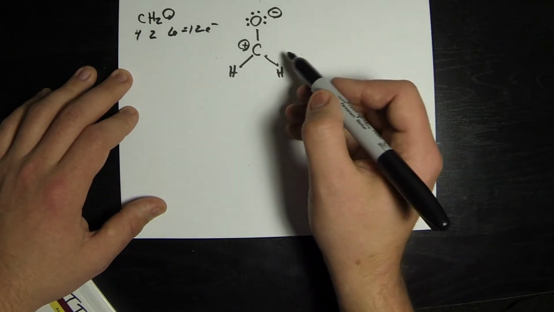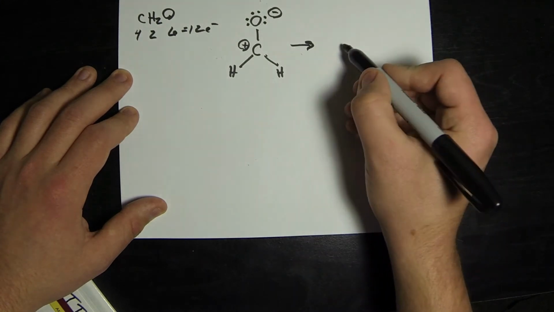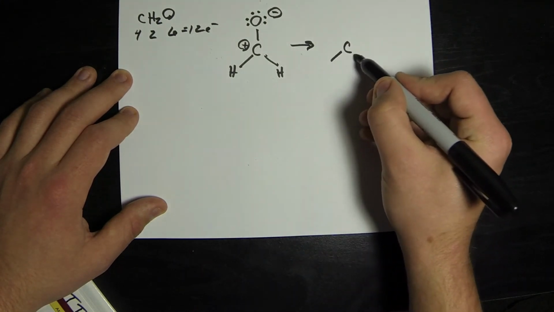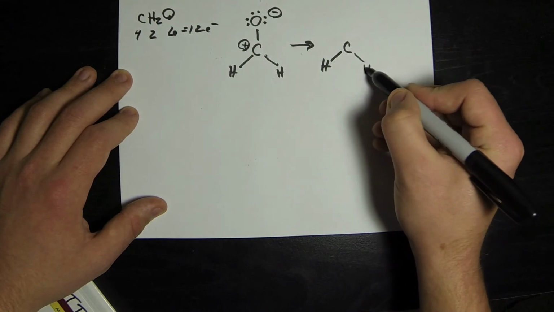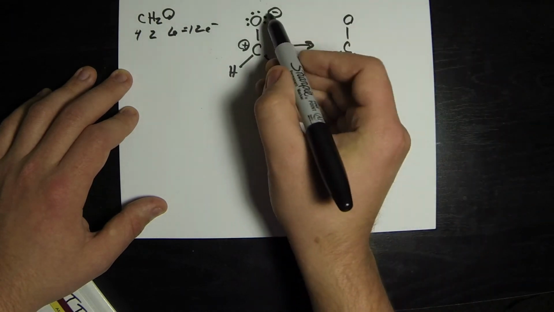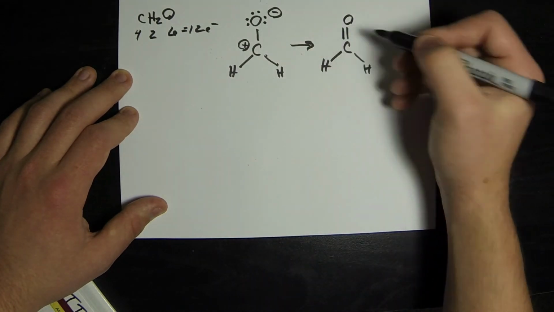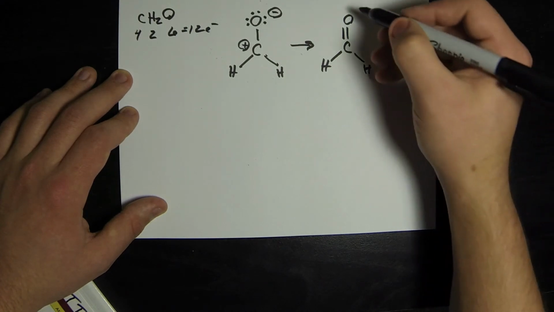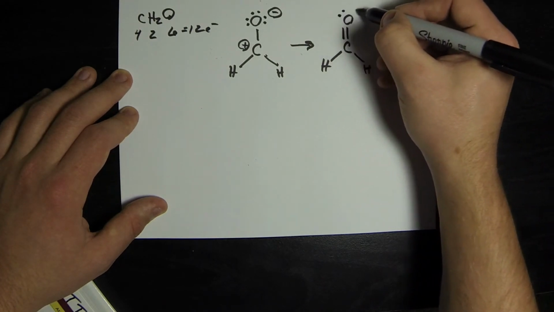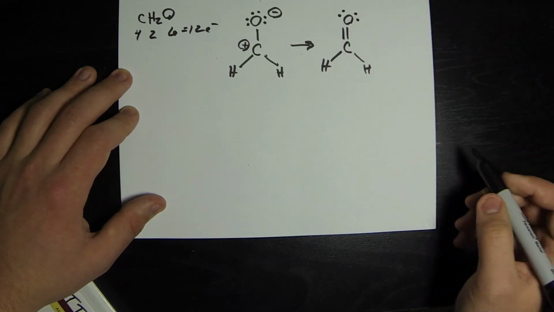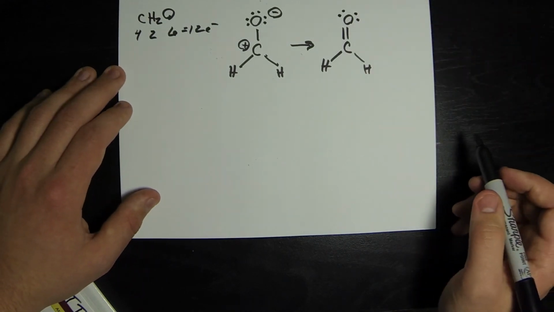So how we would actually write this is we would say carbon in the center, hydrogens, oxygen, but instead of writing all these, we're going to put another double bond right here. So it's a double bond to O, and then we're just going to have 4 electrons on that oxygen, just like that.